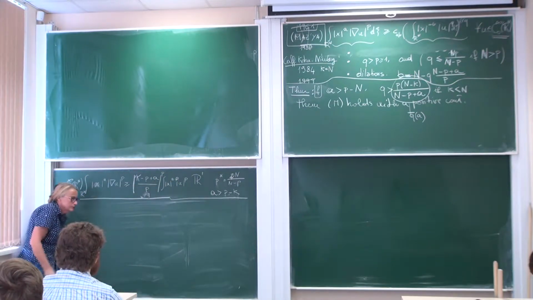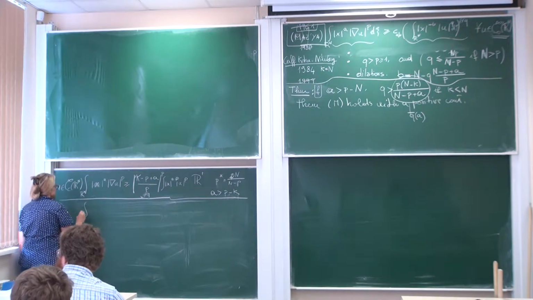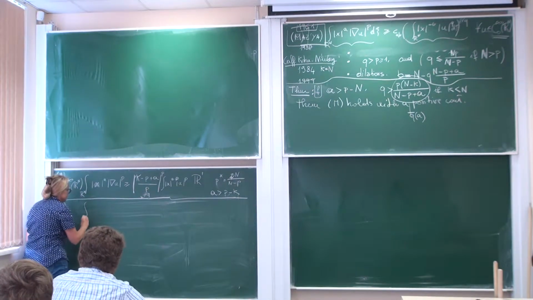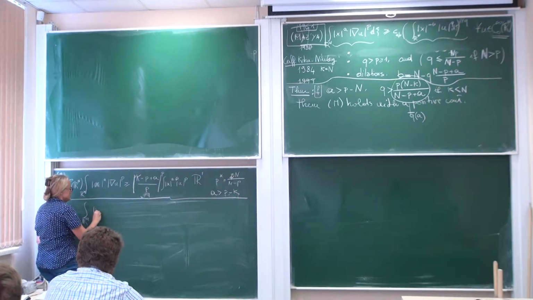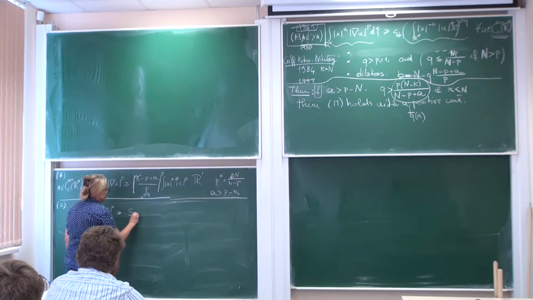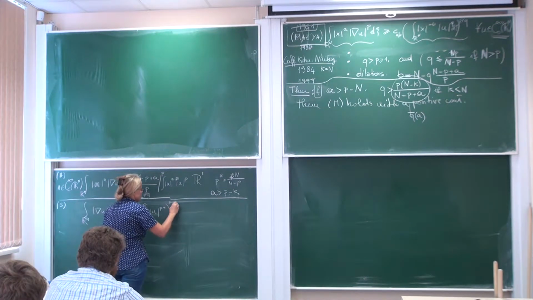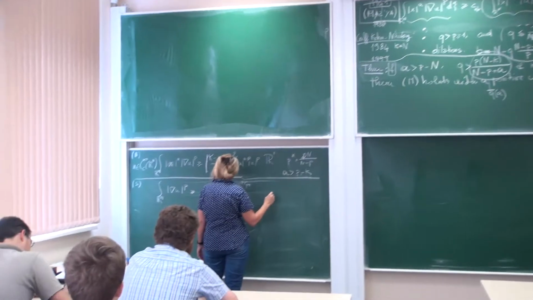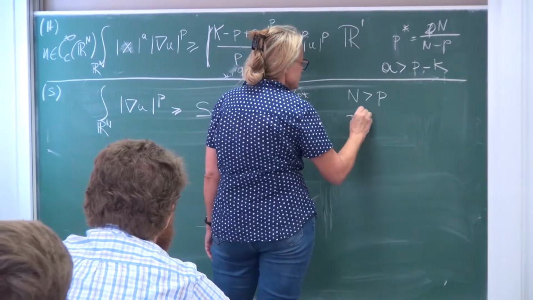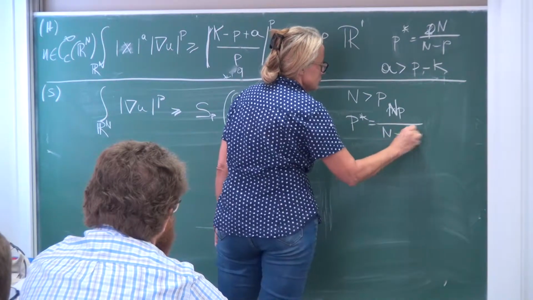That is, a is greater than p minus n. And the Sobolev inequality tells you, this is Hardy, this is Sobolev, that for functions there, this holds if n is greater than p and take p star equal to np over n minus p.